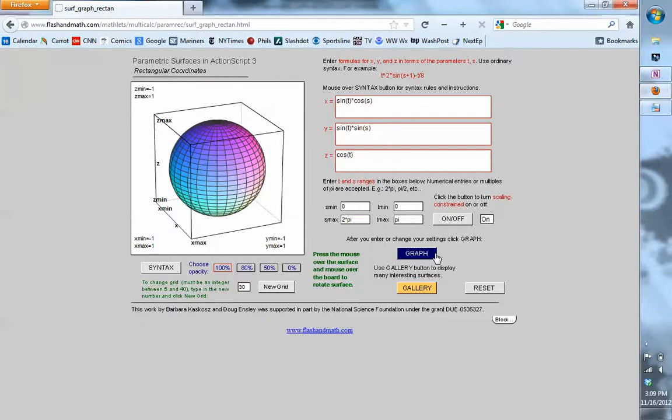So you fix a t, so now you've just got some radius here, right? Sine of t, so you have some radius. Cosine s, sine s is a circle. It's a circle of radius sine t. And where is it? It's cosine t above the xy plane or below the xy plane, depends on what the sign is. Okay?